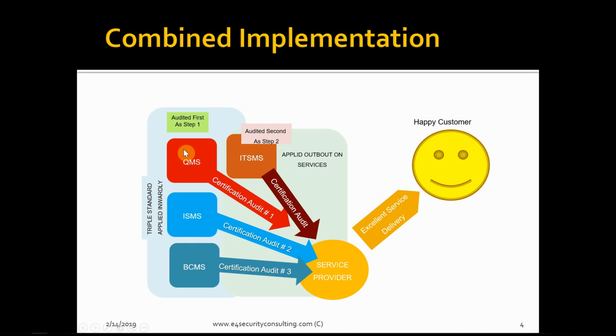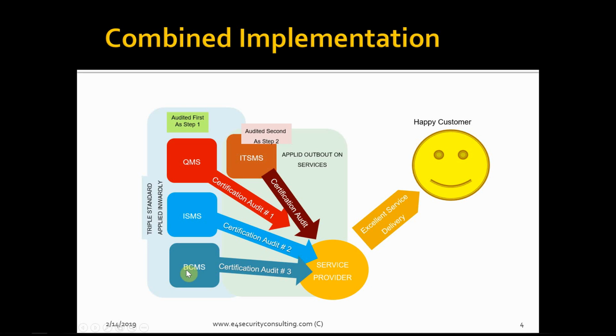What happens by doing this is that I have quality as well as information security as well as business continuity. I'm bringing all my three teams together, continually thinking of quality, information security, and business continuity, and they are working together to achieve all three.